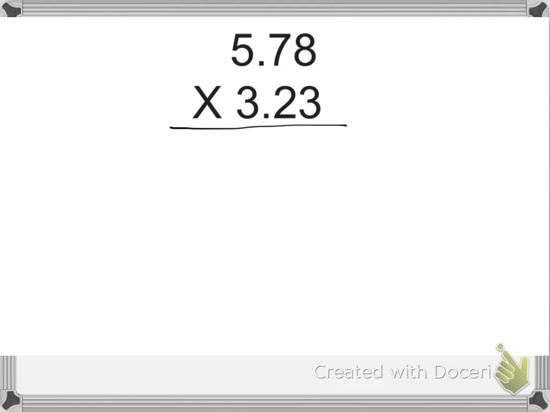Okay, to solve this problem, you have to multiply the two numbers together. So you take 5 and 78 hundredths and multiply it by 3 and 23 hundredths. So you multiply the 3 times the 8 and you get 24, and you carry the 2 up here.